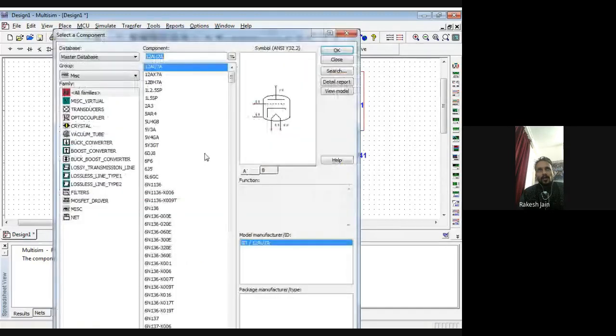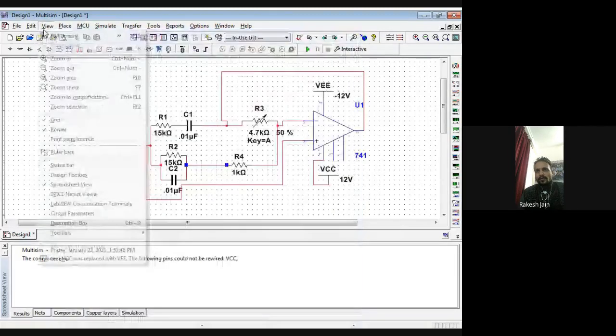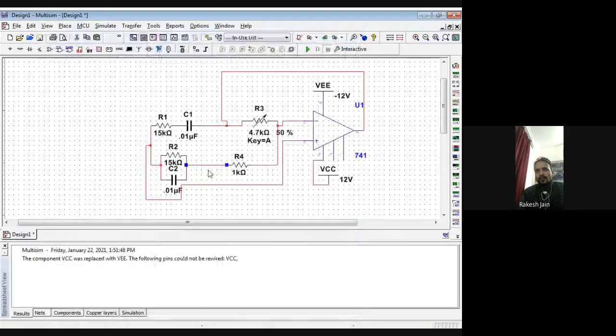Kindly wait. We just have to put a wire. So go to place and then wire.